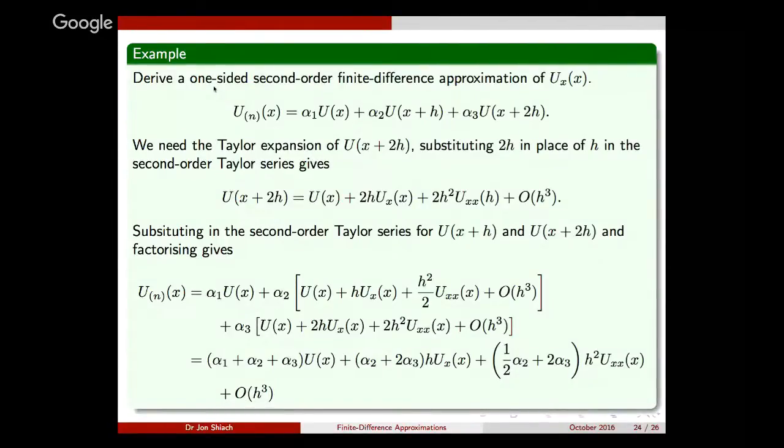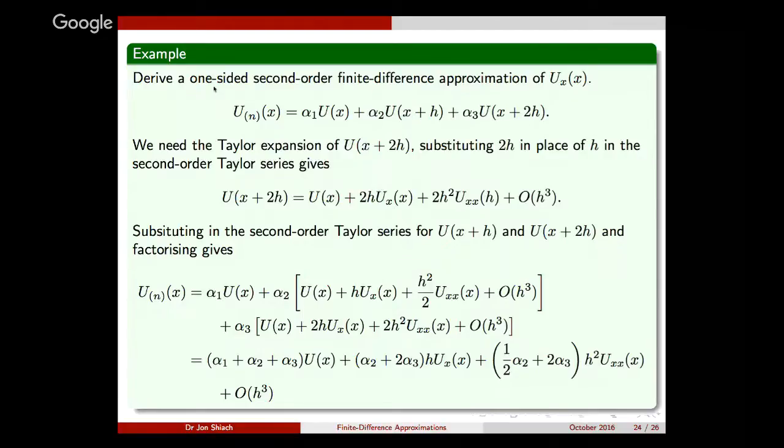Do the same thing again. Here we replace the u(x plus h) by the Taylor series, and we replace the u(x plus 2h) by the Taylor series step twice in the forward direction. Again, it's exactly the same. Factorize out. So where are my u(x)'s? I've got alpha 1, alpha 2, and alpha 3.